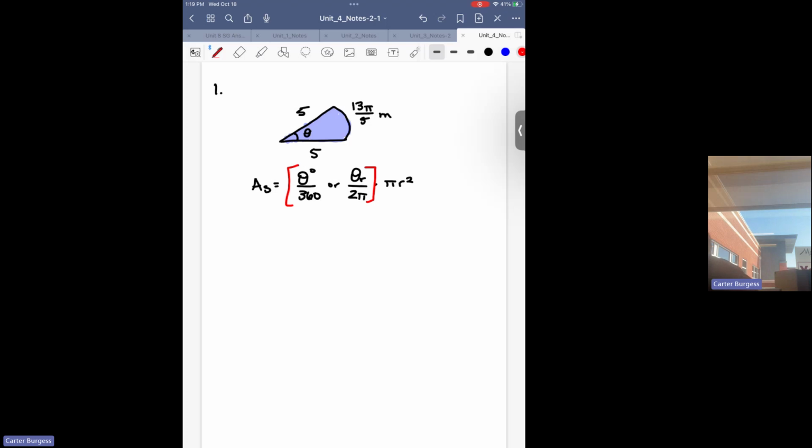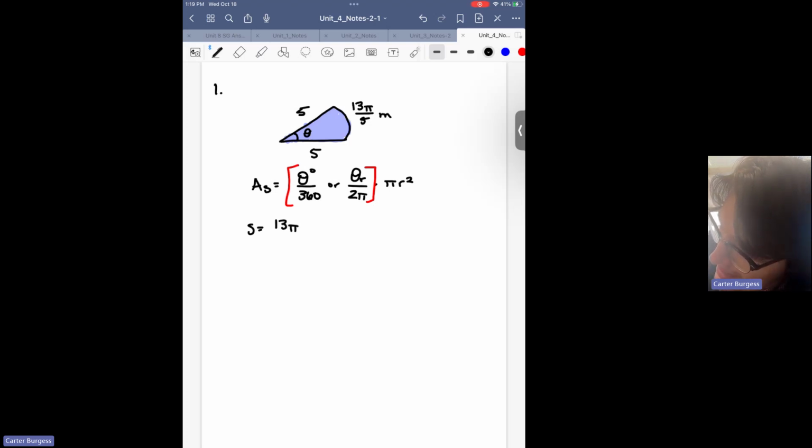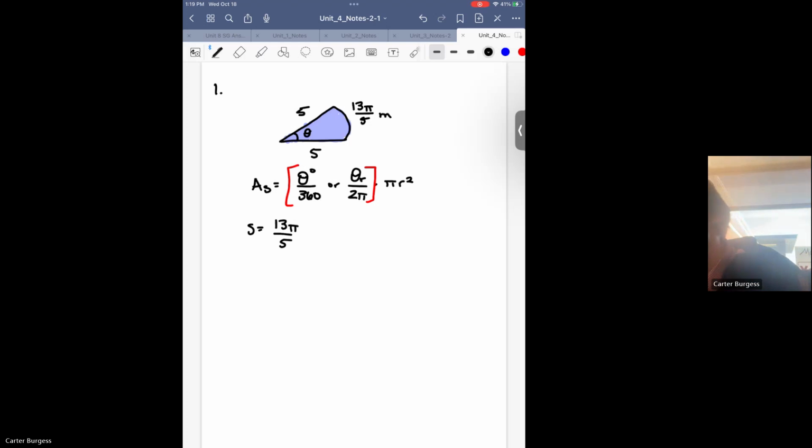And either way is fine. The only thing that I'm really missing here is my value of theta. All we really need to do to solve this is to identify what is theta. So that's totally fair. The piece of information that we can use to do that is that we know the arc length is equal to 13 pi over 5.